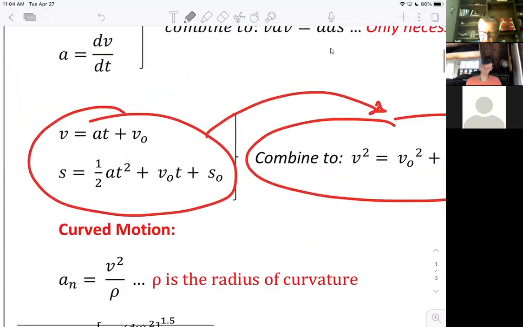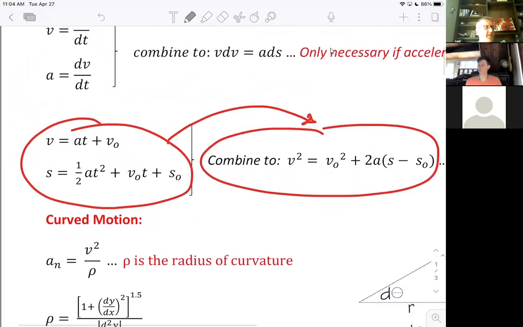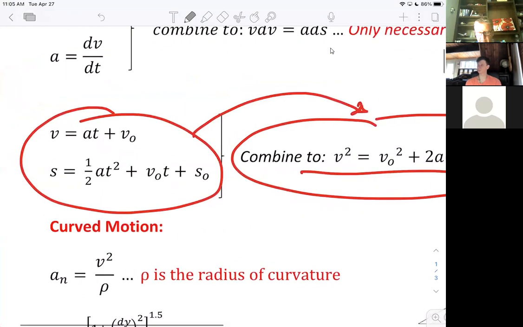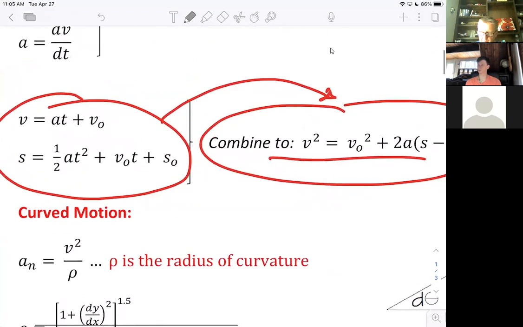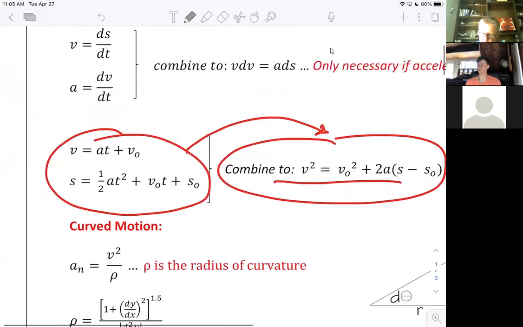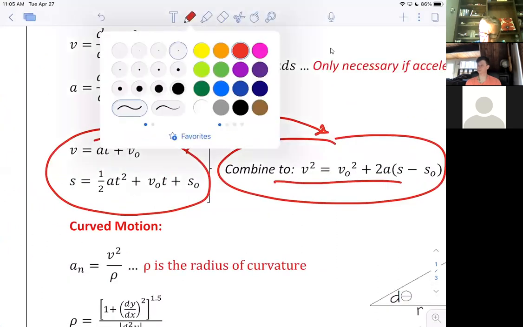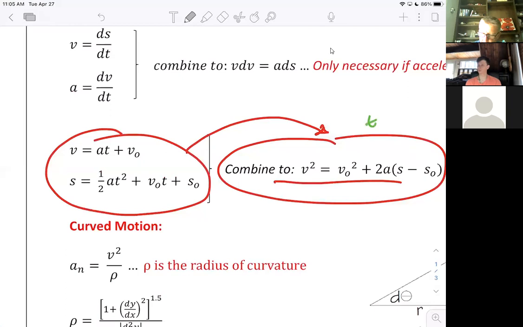So just for the heck of it, this v squared equals initial velocity squared plus 2 times acceleration times the difference of positions. I want to quickly make that by combining these two, as I said. You tell me, what is it going to take to combine these? Notice over here, there seems to be a conspicuous lack of time.